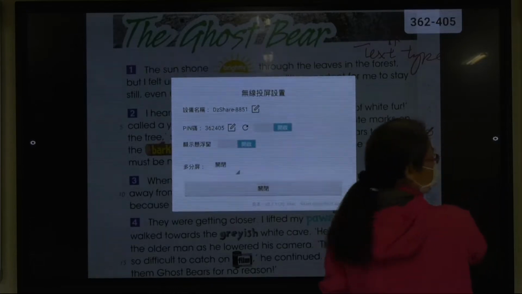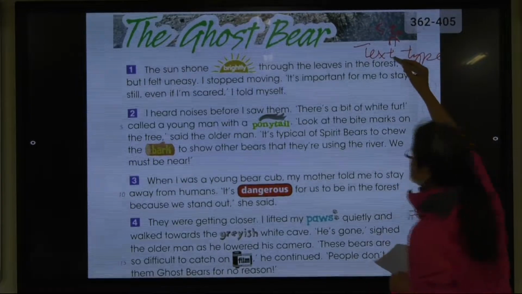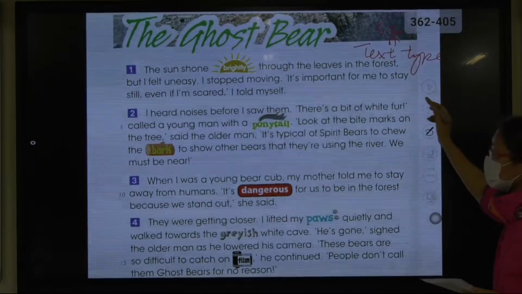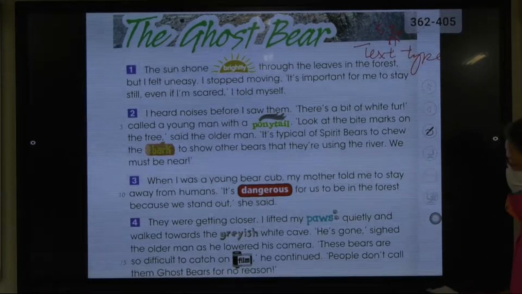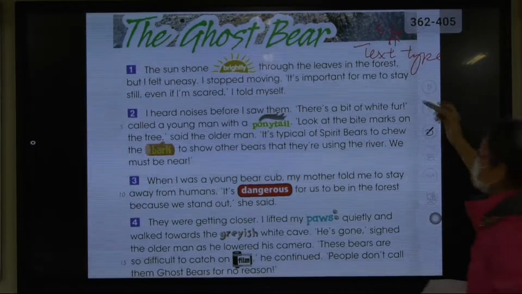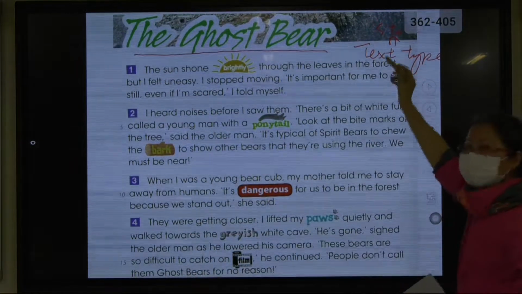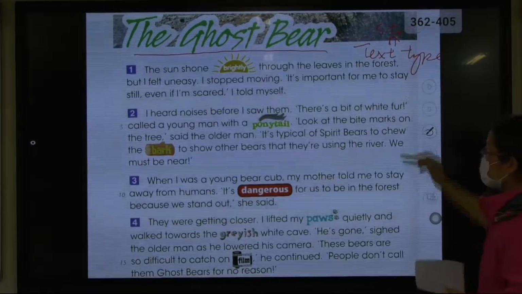Yes. Okay, the text type, obviously, this is a story. How about the title? What is the title of this story? The Ghost Bear, very obvious.